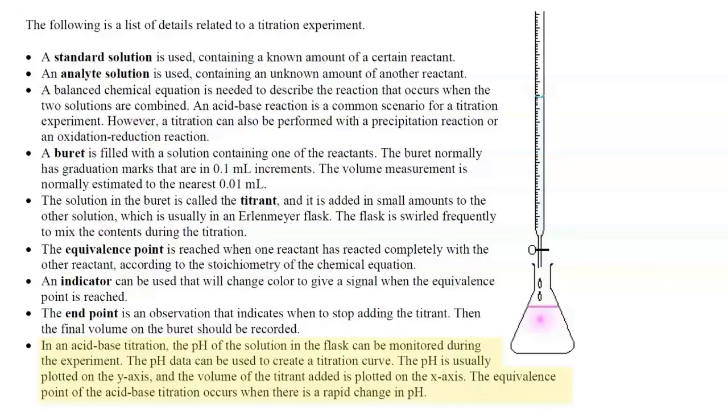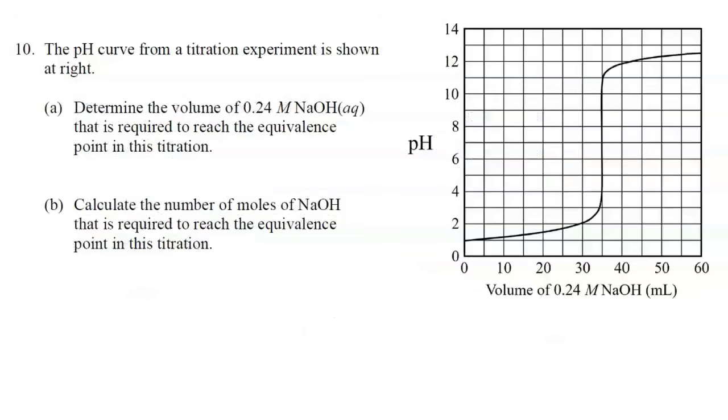So where do we see a rapid change in pH on this curve? Well, there's a sharp increase right here at a volume of 35 milliliters. So the answer to part A is that at 35 milliliters of this particular titrant that was added, that's when the equivalence point occurs. That's the rapid change in pH.